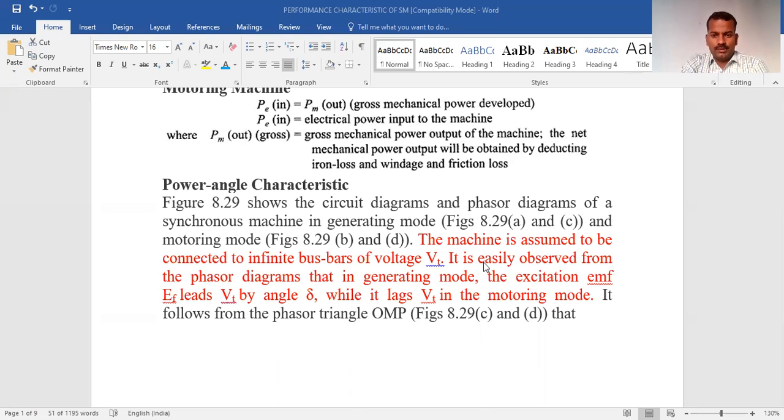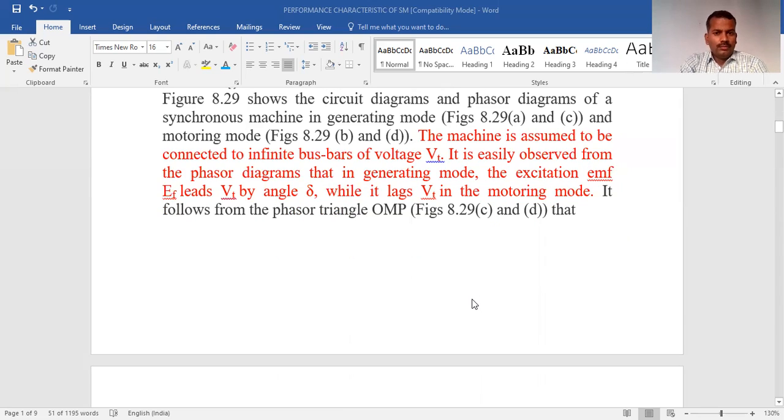These are the assumptions. Now it follows from the phasor triangle OMP.